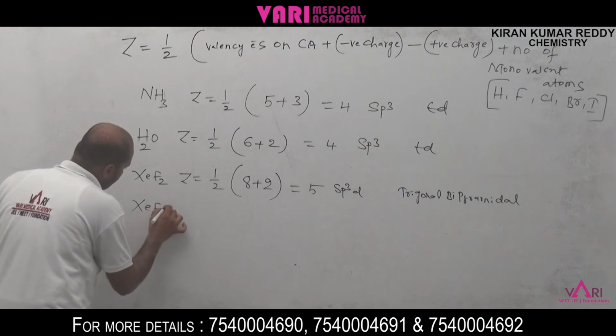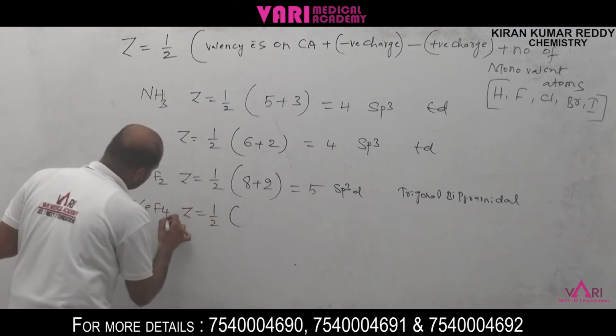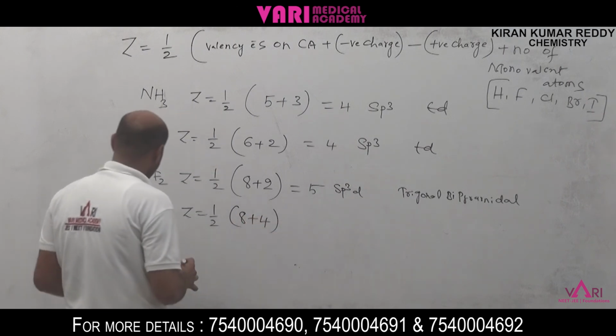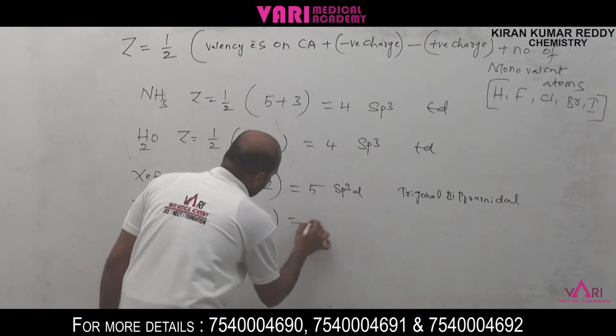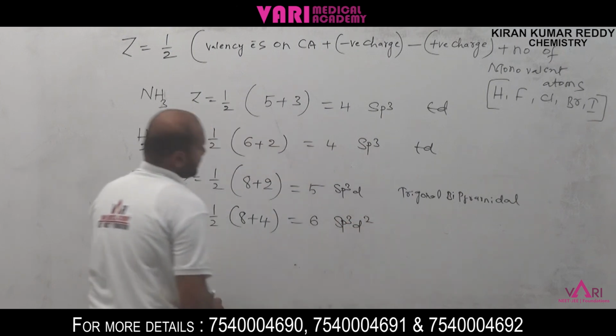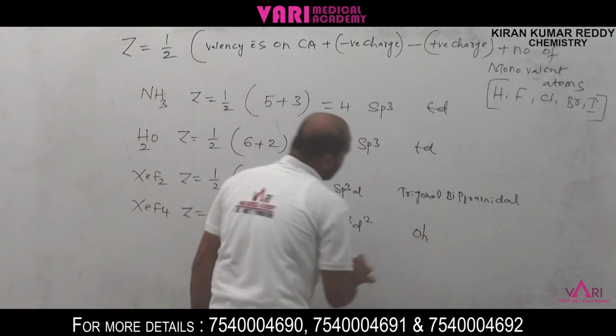XeF4, that is Z is equal to half of xenon is 8 plus number of monovalent atoms 4, that is equal to 12 by 2 means 6, sp3d2. sp3d2 means octahedral geometry.